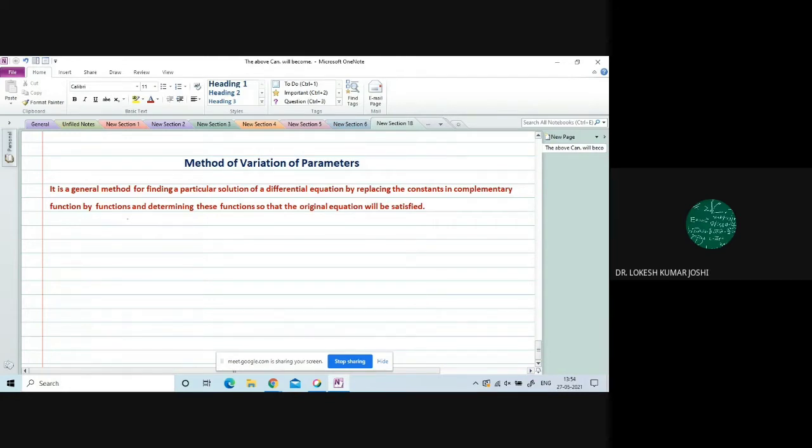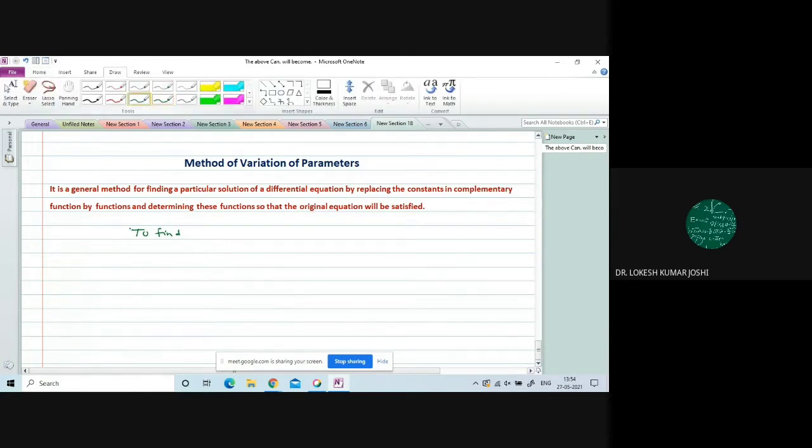So let us start to find particular integral of y double dash plus py dash plus qy equals to r.